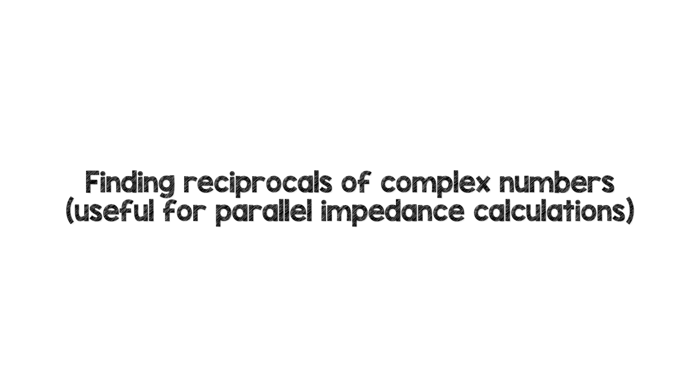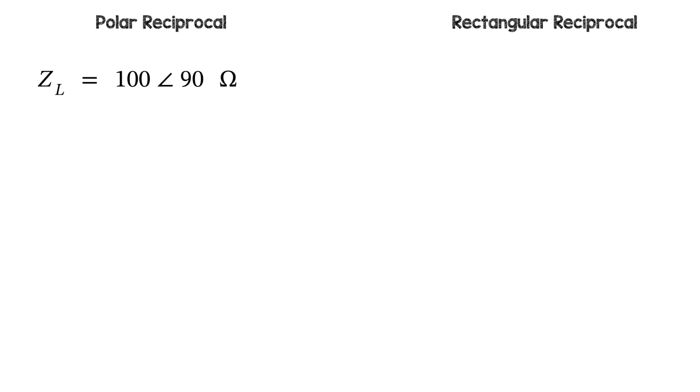Finding reciprocals of complex numbers, which is useful for parallel impedance calculations. So we've got polar reciprocal and rectangular reciprocal, and we'll do them next to each other. So we have an inductive impedance of 100 ohms at 90 degrees.